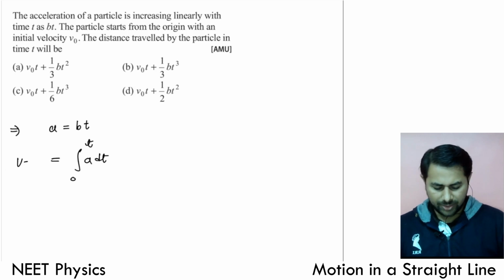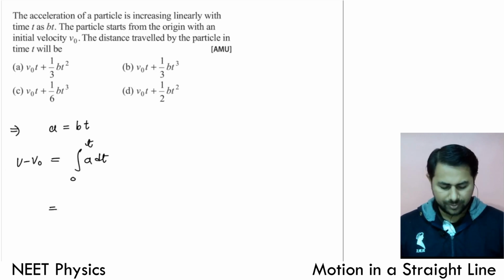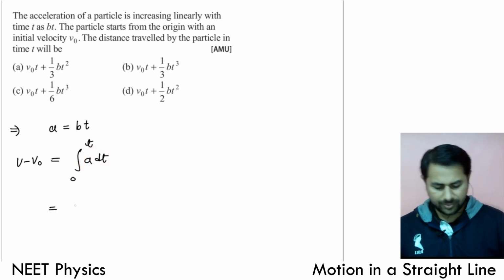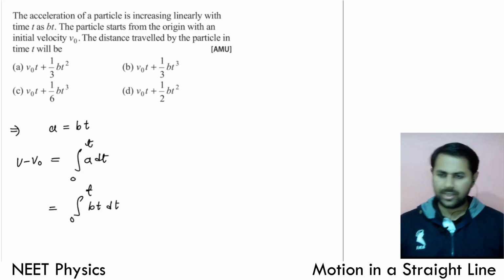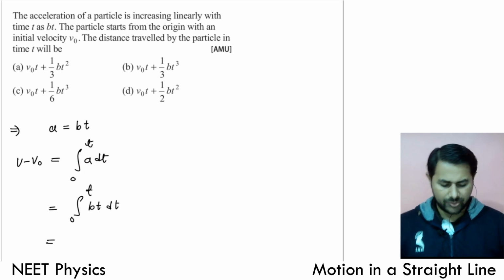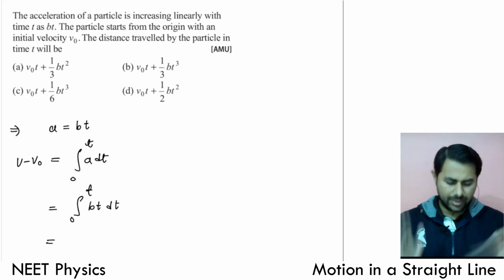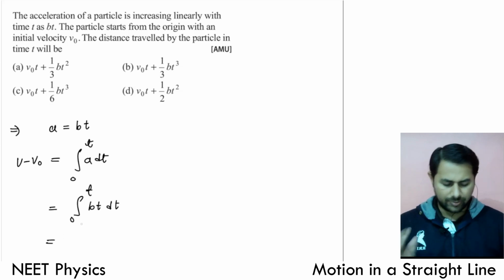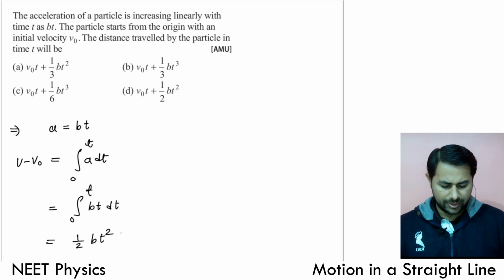So what is a? A is bt, so just integrate that. bt dt, integration of that will give you what? b you can take outside, integration of t is t square by 2, and lower limit is 0. So it is b times t square by 2, half of bt square.